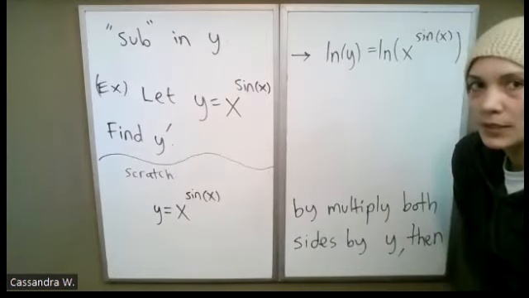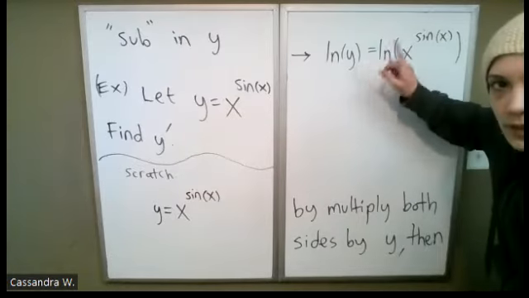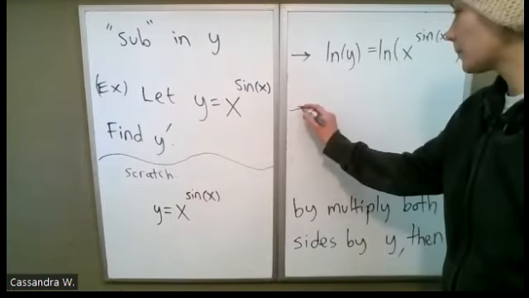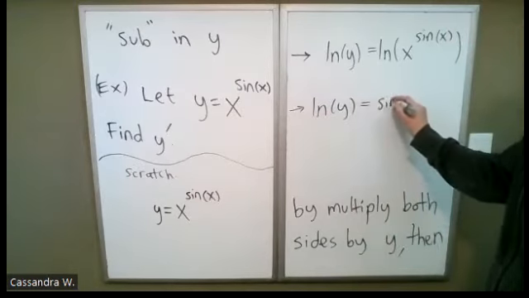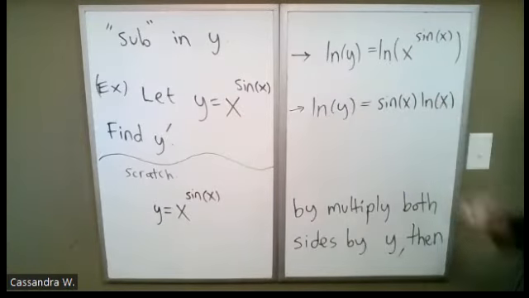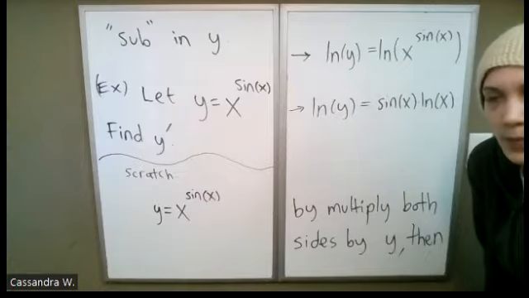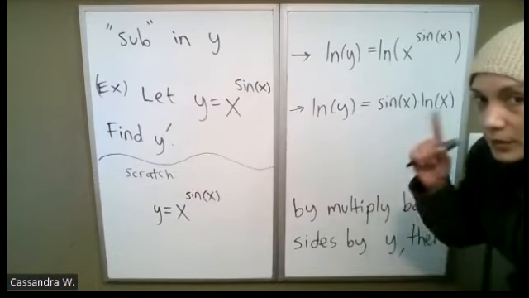Okay, next we're going to use log rules and bring that power down, multiply it with ln of x. Okay, so now we're going to take the derivative. We're going to use implicit differentiation. And again, remember, y is a function.